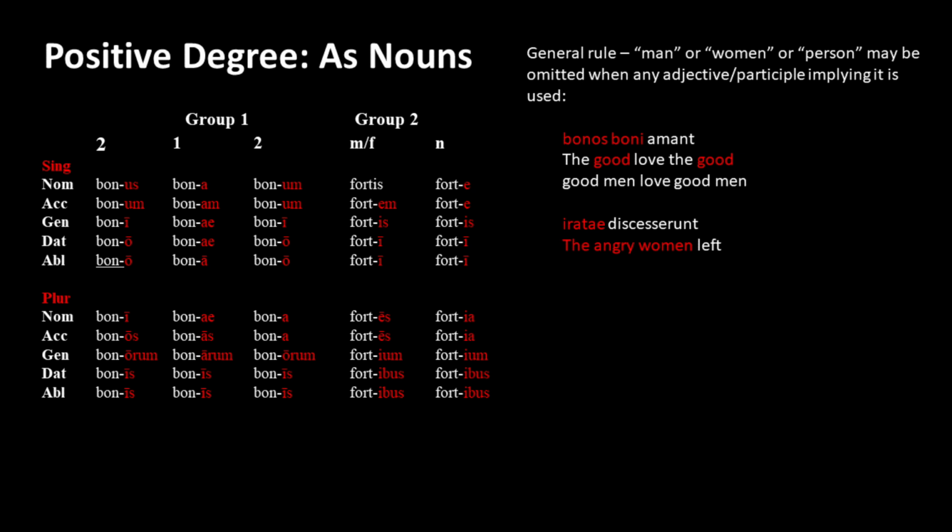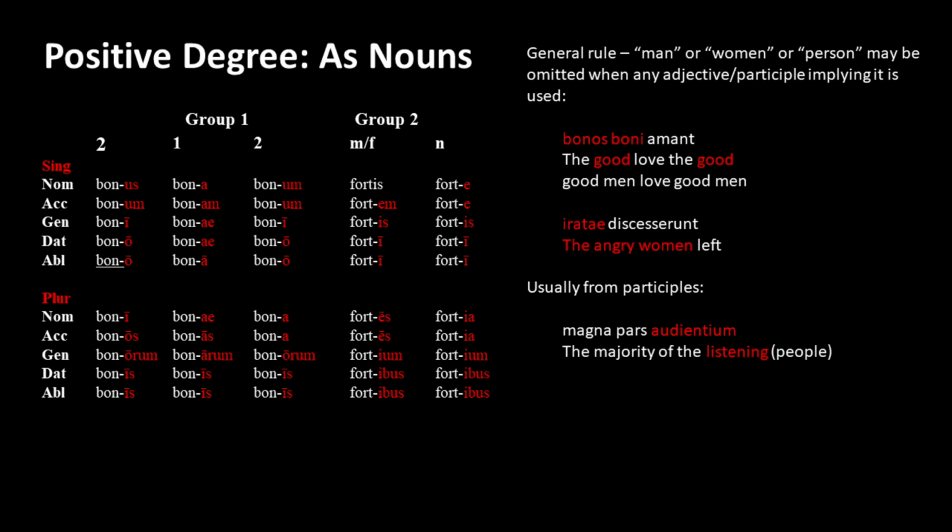The adjective iratae stands in place of a noun. Mostly you'll see this with adjectives which have come into the category of adjectives as participles from verbs. So have a look at this one. Magna pars audientium. A great part of those listening.